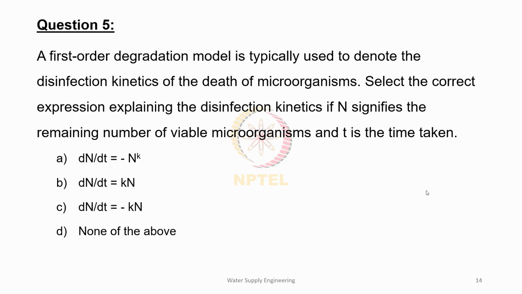Option A, dN by dt is equal to minus N raised to k. Option B, dN by dt is equal to kN. Option C, dN by dt is equal to minus kN. Option D, none of the above.